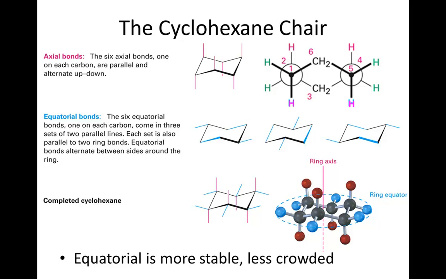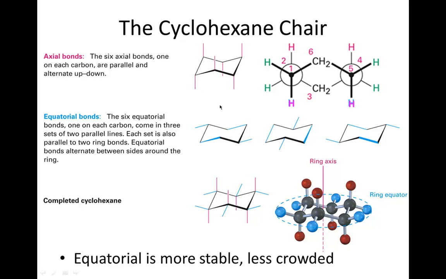So if you captured all of these atoms in here, then coming out perpendicular to that plane, you'd have some hydrogens, and so these are these here, perpendicular to the plane of the atoms, up or down, and they alternate up, down, going around the ring.